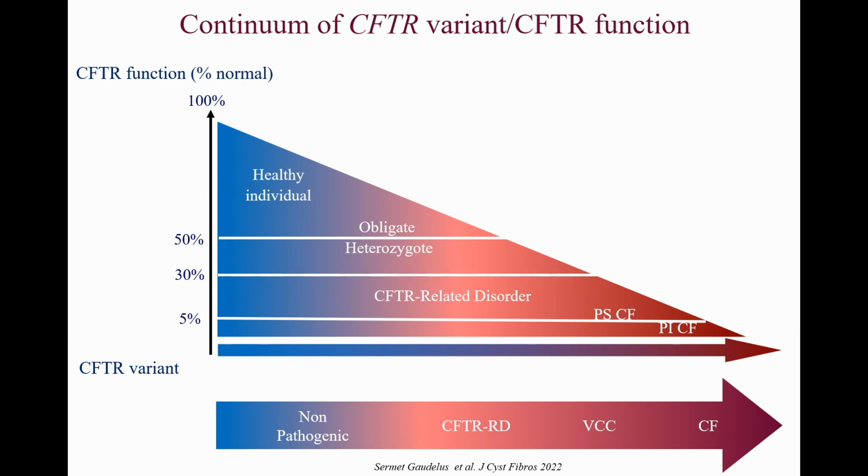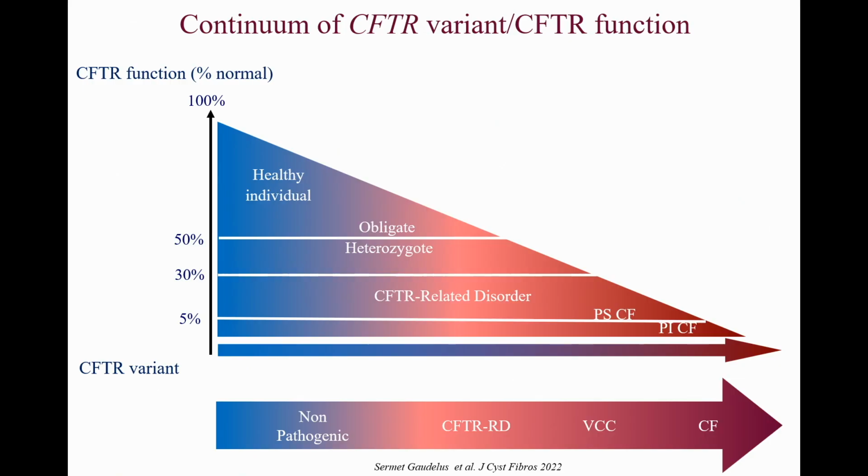It depends if you look at the intestine, where CFTR is highly expressed. When you compare nasal potential difference and intestinal current measurement, we have different levels even for a given genotype, so it may also be related to tissue.